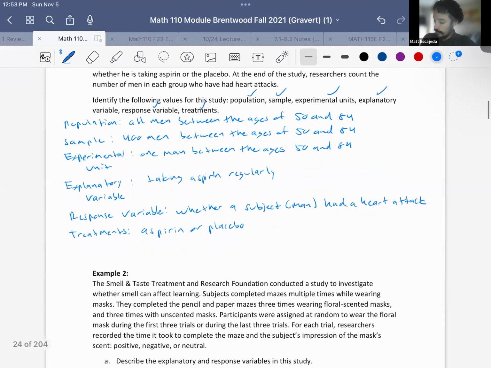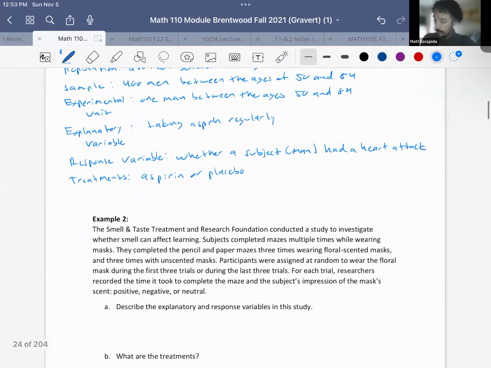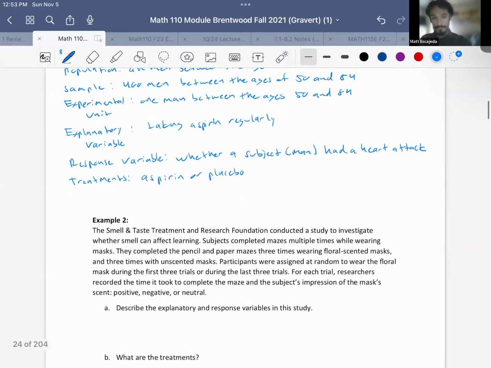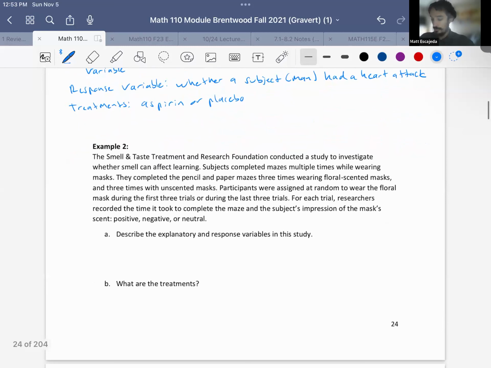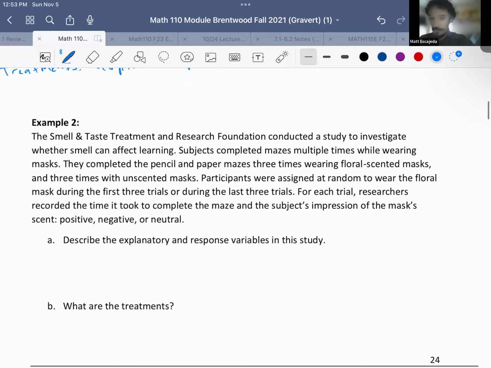Let's move on to example two. Another long paragraph, so read through it if you want. I'll read through it as well. Example two says, the Smell and Taste Treatment and Research Foundation conducted a study to investigate whether smell can affect learning.